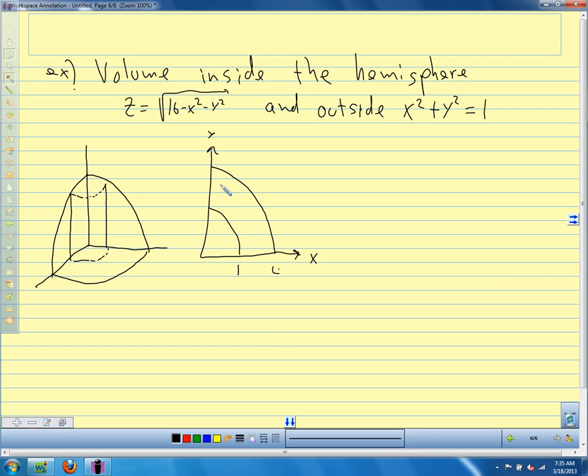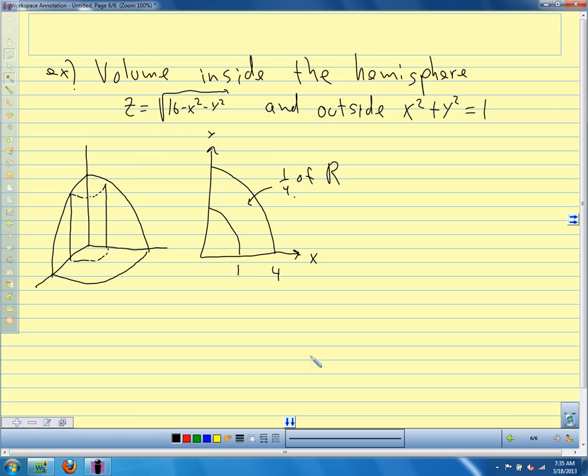So we're finding the volume that's underneath our surface inside this little strip. So this is 1/4 of our region again, just like in our last problem. So our region would be all the way around in all 4 quadrants.